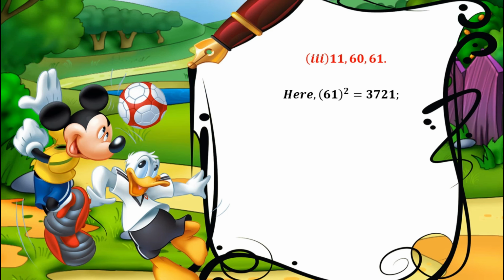So here 61 raised to 2 means 3721. Okay, so 11 raised to 2 is equal to 121 and 60 raised to 2 will be 3600.